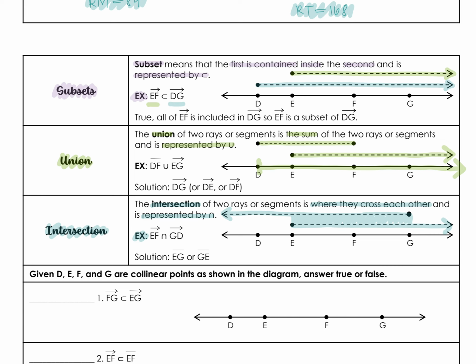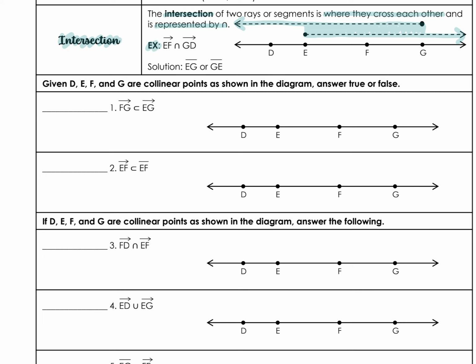Okay, so for number 1 and 2, given D, E, F, and G are collinear points, so once again, remember that means they're on the same line, as shown in the diagram. Answer true or false. Looking at number 1, I'm just going to highlight the two so I know which one I have for each one.